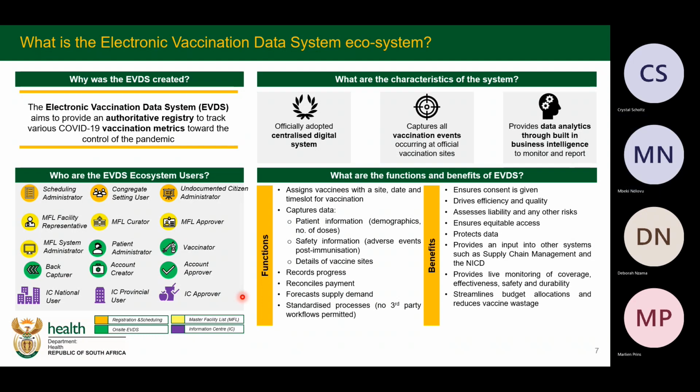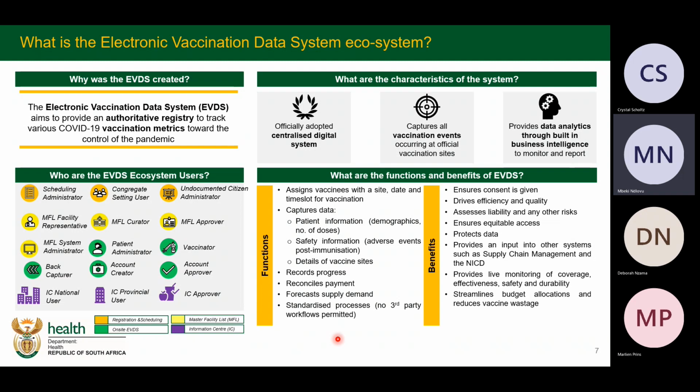Now, what are the functions and benefits of this EVDS? With the functions, we say that the EVDS allows us to assign vaccinees with their site, date, and a time slot for a vaccination.